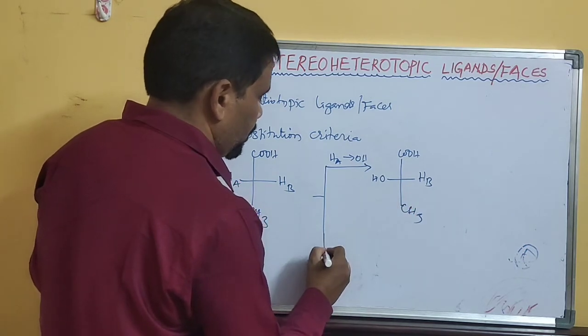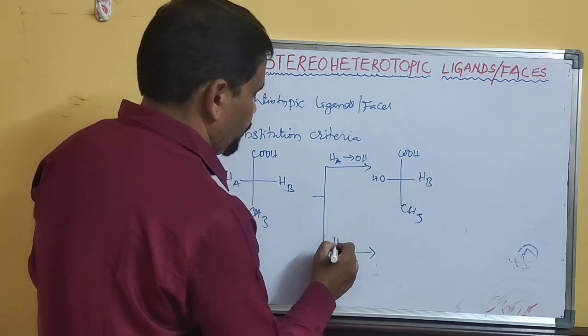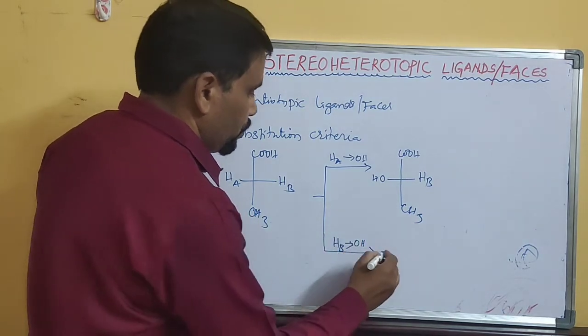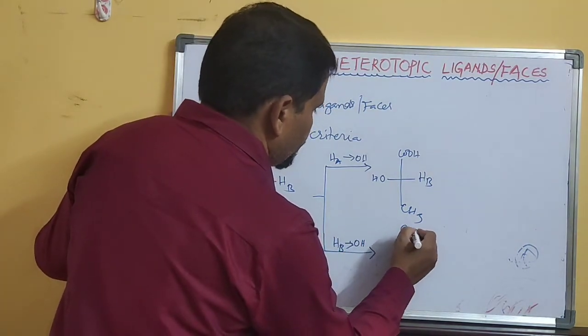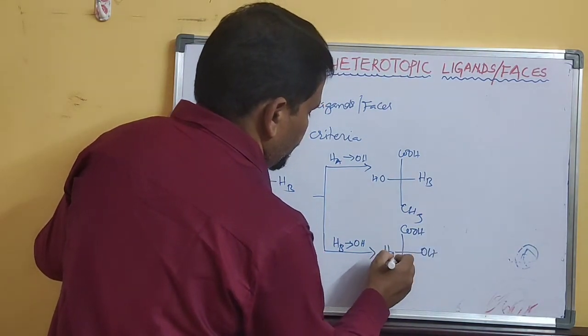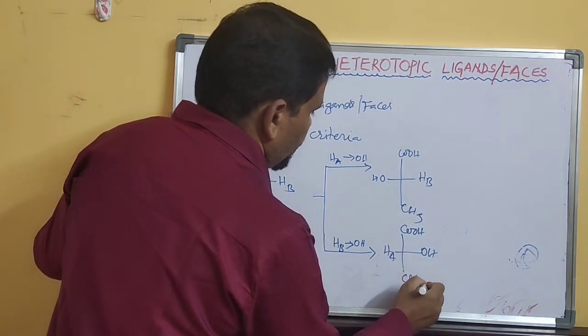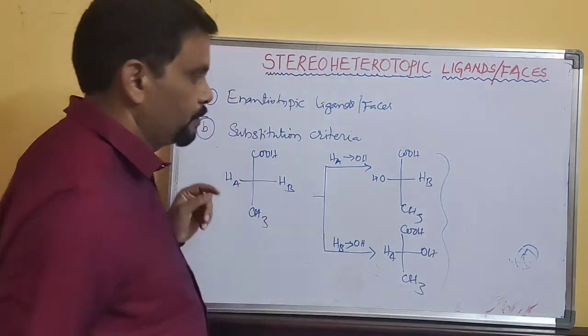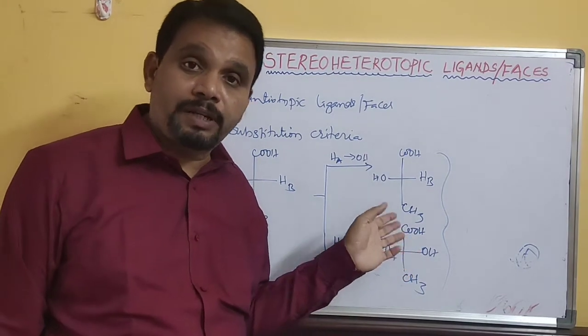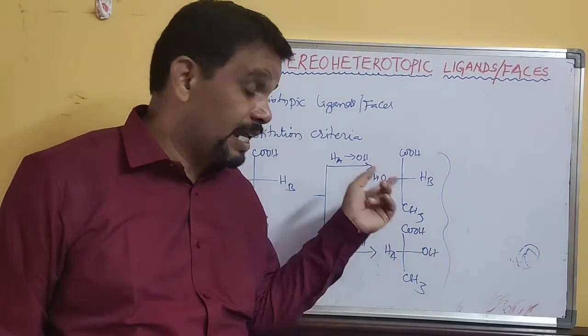The other possibility is to substitute HB with a hydroxyl group, and you will get COOH, OH, HA and CH3. What are these two? They are non-superimposable mirror images, that means they are enantiomers.